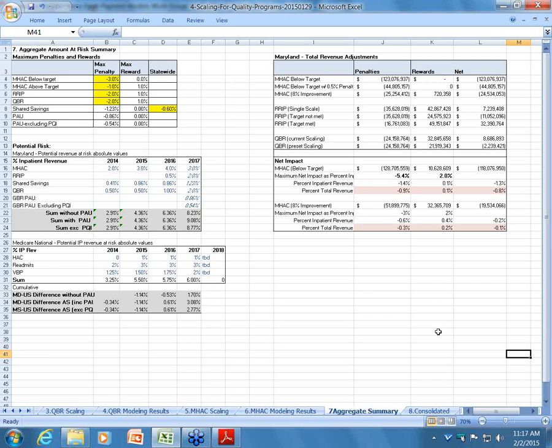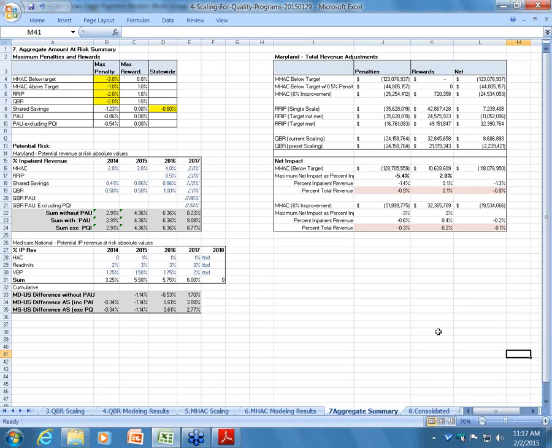By contract, we have to hit 6% of all payer revenue at risk. Yeah, and part of the discussion here needs to be equating what the 6% in Maryland means compared to the 6% nationally. It's not the same number. That's the first thing I'm trying to point out here.